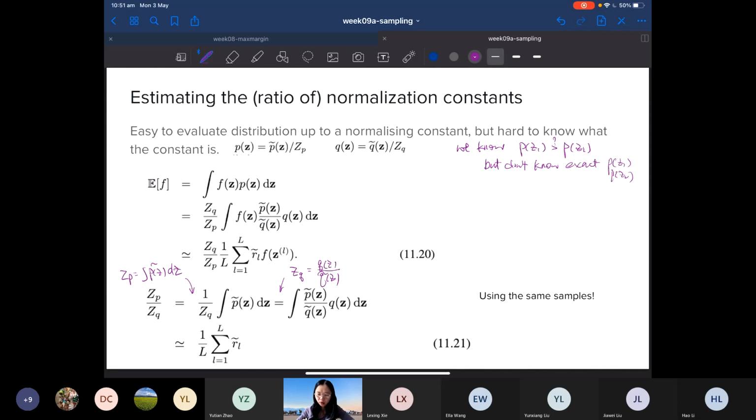Now what happened? We have sampled Z according to Q of Z, and the ratio of P tilde and Q tilde are the importance weights. The nice thing about this is that we get the importance weights for free. Meaning if we just sum over these importance weights without the f function and take the average, we get the ratio of the normalizing constants. We are using the same samples.